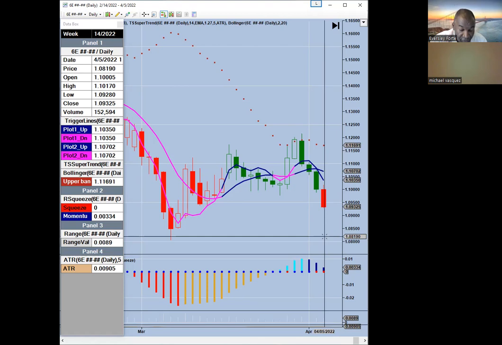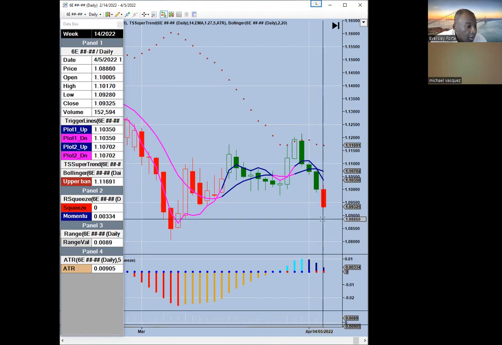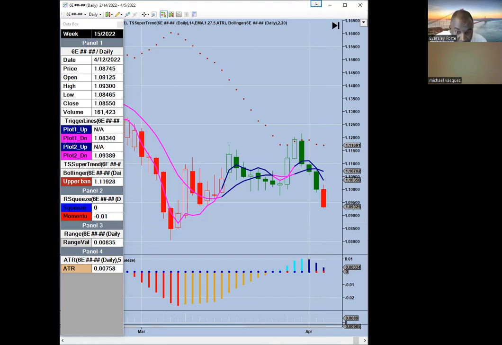Once that order is filled, it will automatically trigger 2 other orders, which is a one-cancels-other OCO order. Half of the OCO will be the stop loss, which is 10 ticks above the previous day's high, 1.1093, and the second half of that OCO order will be the target, which is 1.0823.